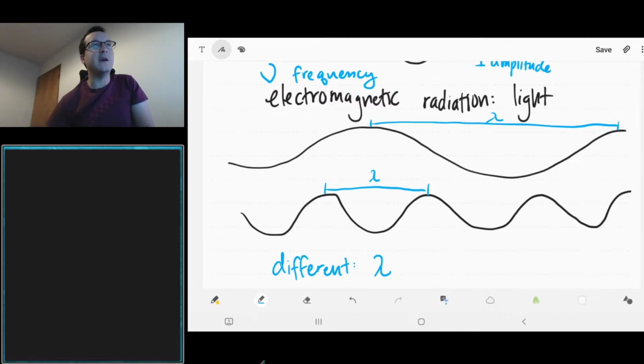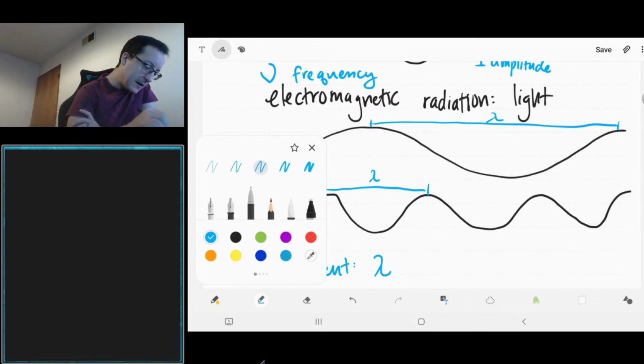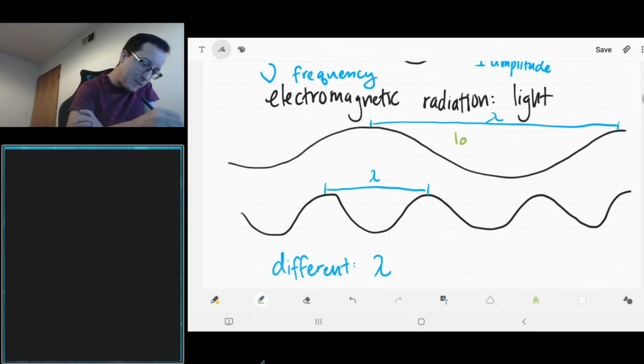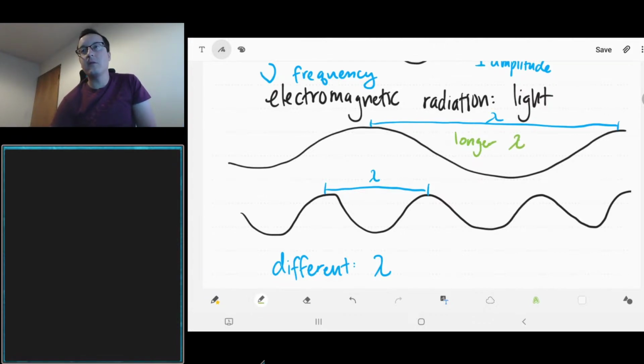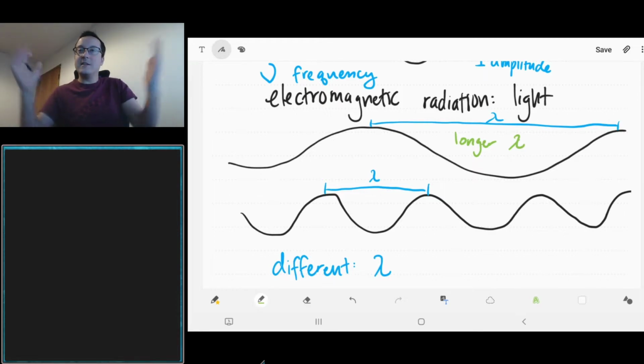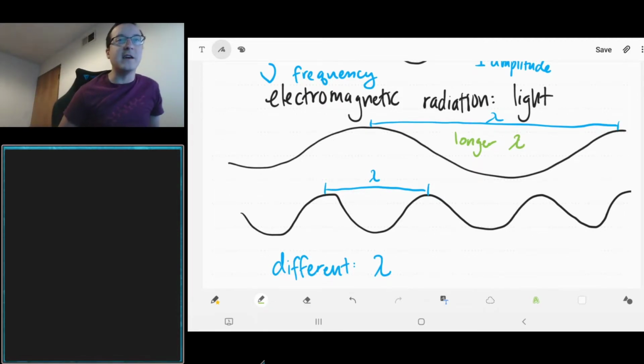So looking at these, we can see this one has a longer wavelength, right? We can see visibly that that wave is more spread out. It's going to have a longer distance between its two peaks.